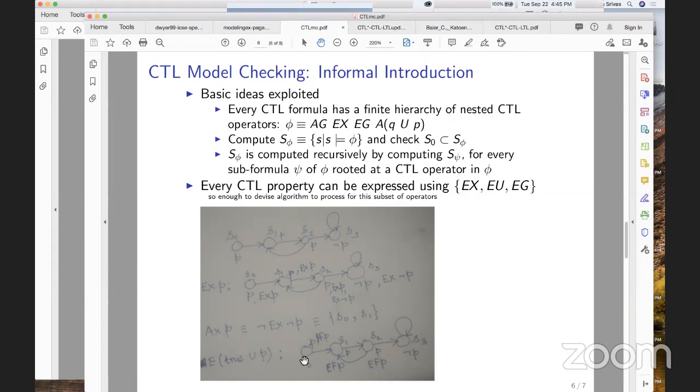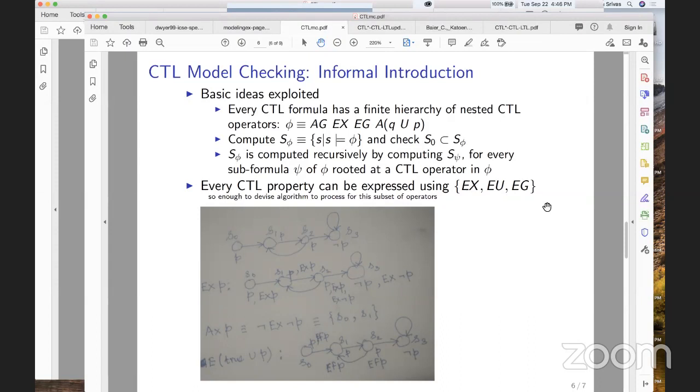But in general, if you had longer paths in which P may not be true, but which lead to something where P is true, you will have to repeat this labeling procedure for all the predecessors of the newly labeled states, until there are no more states in the transition graph to label. Okay, so that's how you do it.